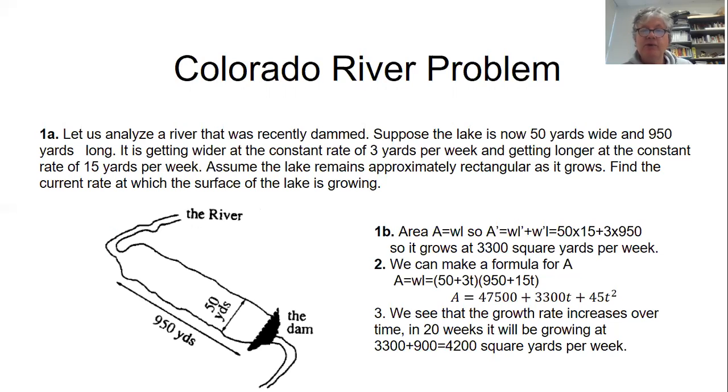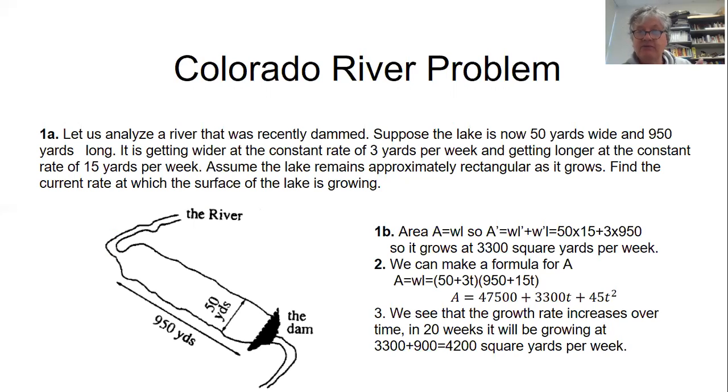Okay, so we can make a formula for the area because the width starts out at 50, it's adding 3 per week, so it's 50 plus 3t. The length is 950 plus 15t because it's growing at 15 yards per week. We multiply those together and we get a nice quadratic. Okay, so we don't have to use the product rule for this. We can just use the derivative of a polynomial. And we see the derivative of A is actually 3,300 plus 90t.